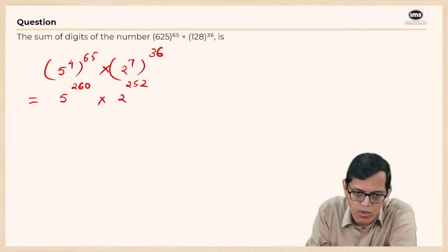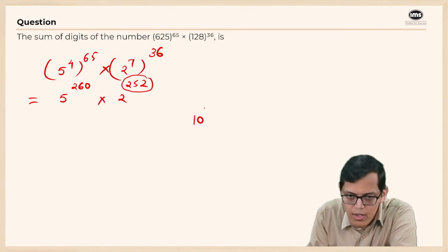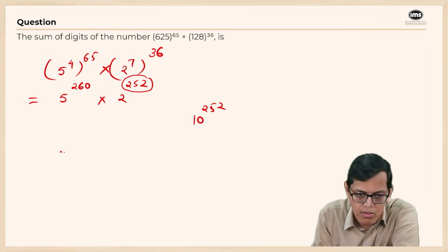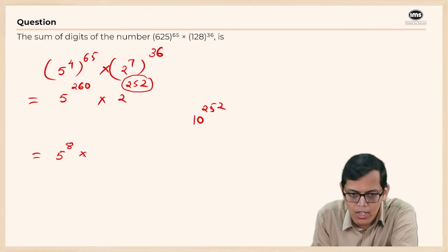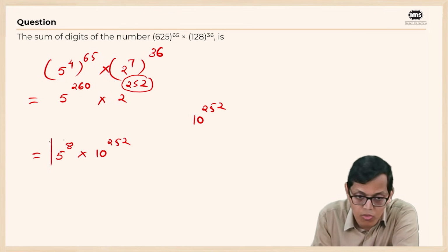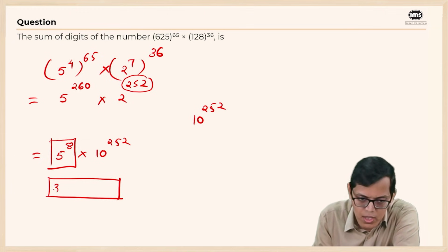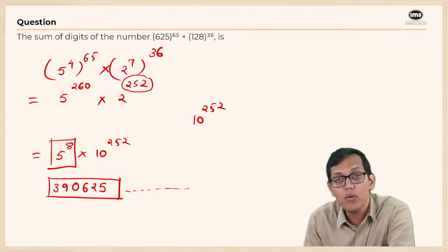We can see that we have lesser number of 2s. So we'll be able to create 10 252 times. And after that we'll be left with 5 8 times. So our number is actually 5 raised to 8 into 10 raised to 252. 5 raised to 8 must be a large number, basically 625 into 625, which is going to be 390625 followed by 252 zeros.